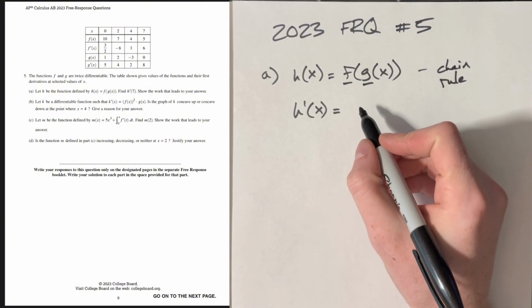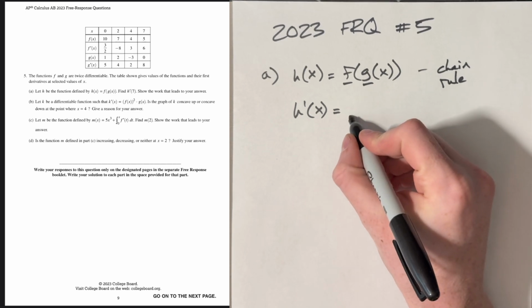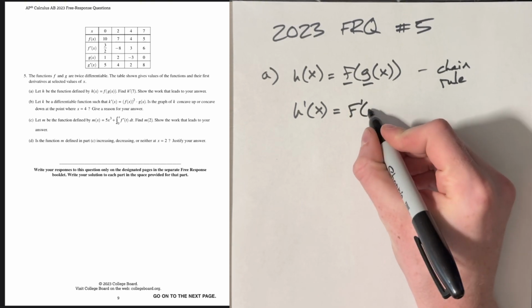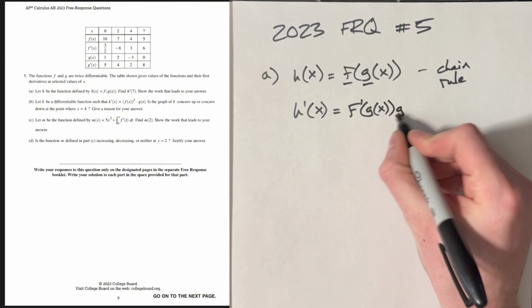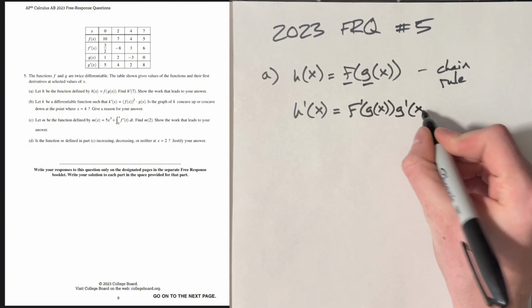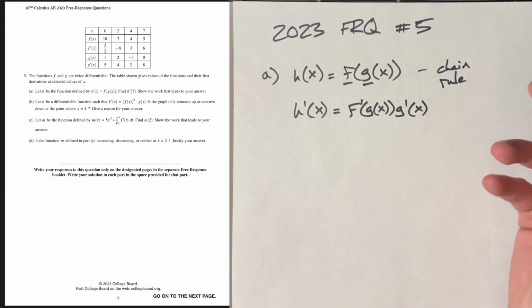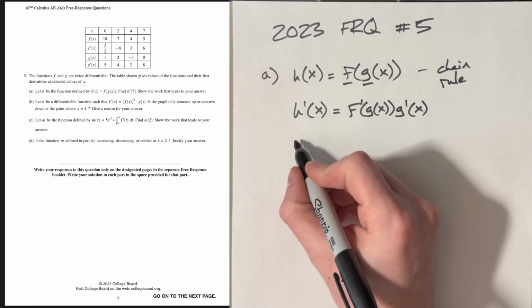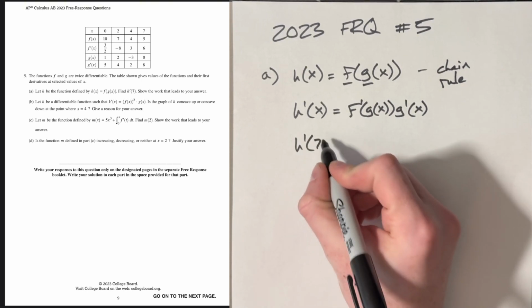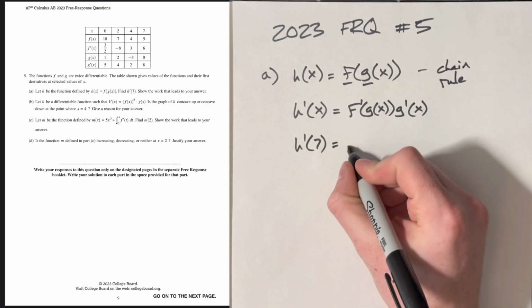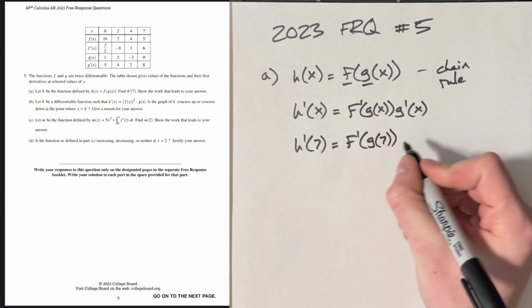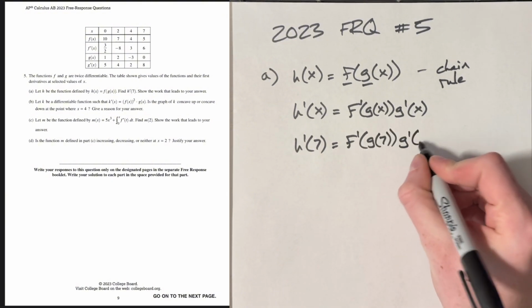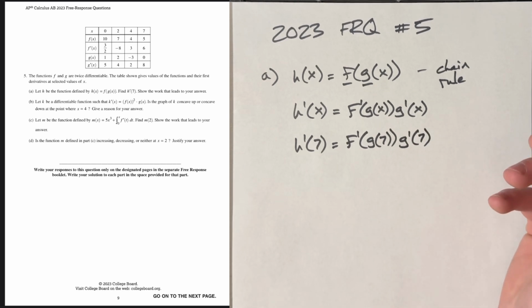Chain rule for an inner and outer function is the derivative of the outer function, still evaluated at g of x, multiplied by the derivative of the inner function. So now we're looking for h prime of 7. That would be f prime of g of 7 multiplied by g prime of 7.